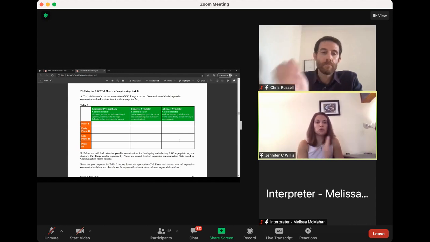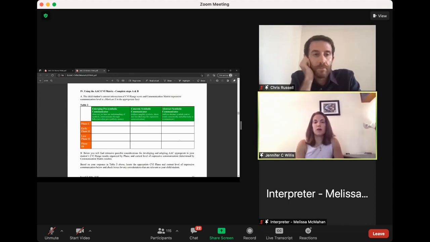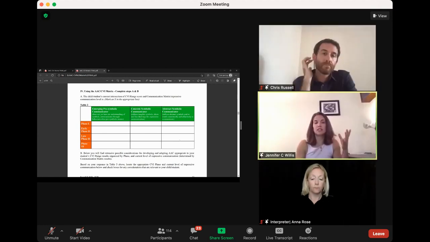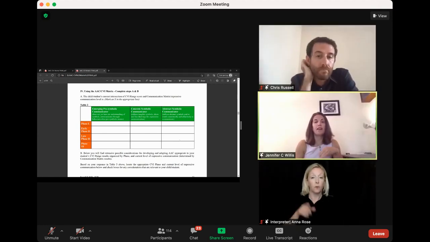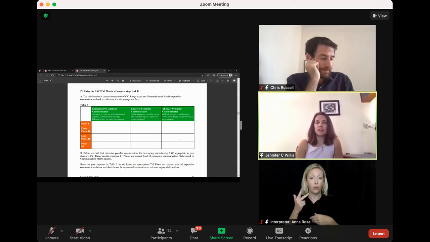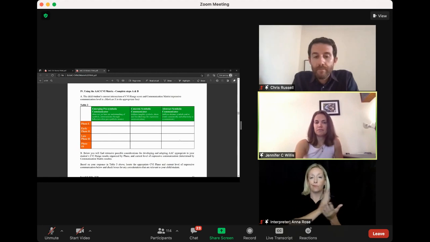They may be moving through one or two of the different sections, but this is going to give you that target bullet point, to help you zone in, so you're not having to read through the entire thing. But if you get a student and based on their results of the communication matrix and the CVI range, they end up being an abstract communicator in phase 3, you can head right to that section of the matrix.